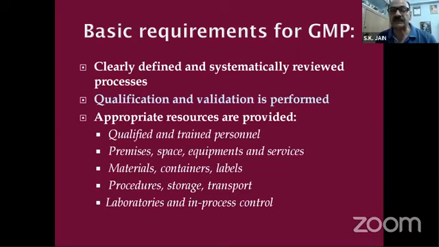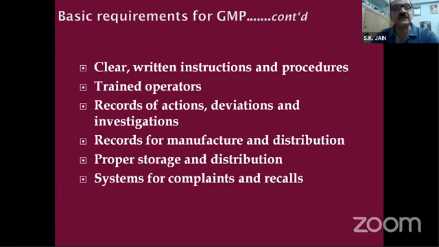Appropriate resources must be provided, like qualified and trained personnel, right? Premises, space, equipment and services, materials, containers, labels, procedures, storage, transport, laboratories and in-process control, as well as clear written instructions and procedures, that is SOPs.